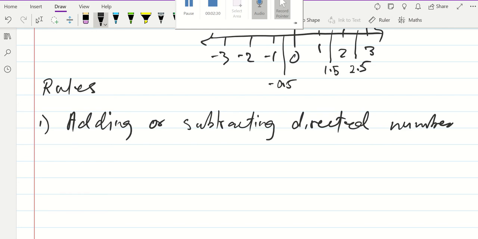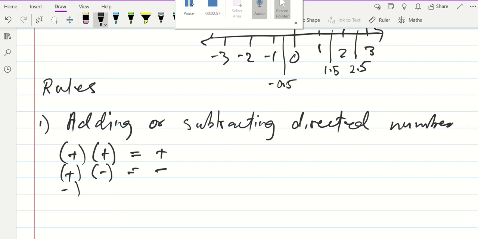So if you have a positive multiplying another positive, what you're going to get is another positive. And if you have a positive multiplying a negative, what you're going to get is a negative.